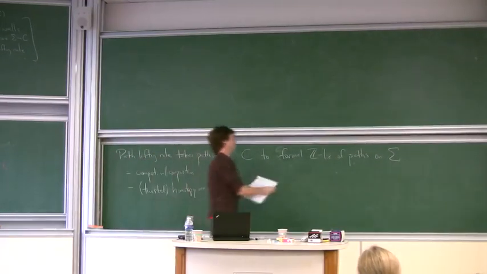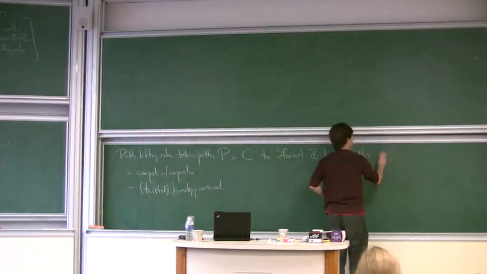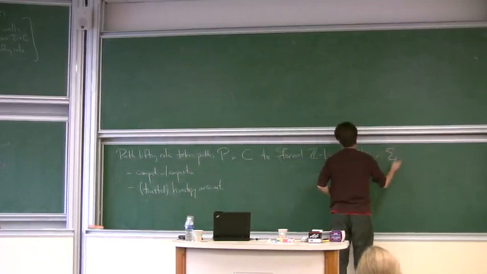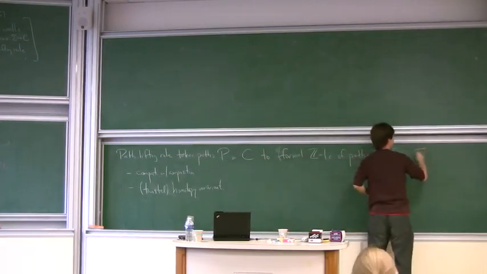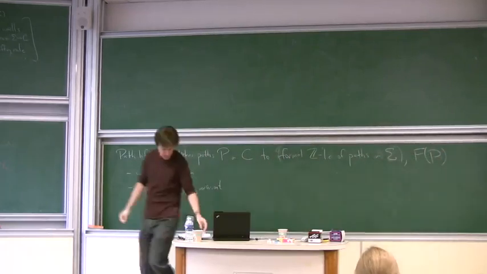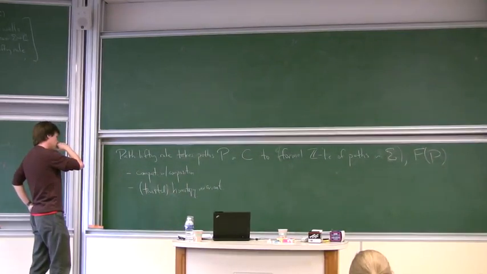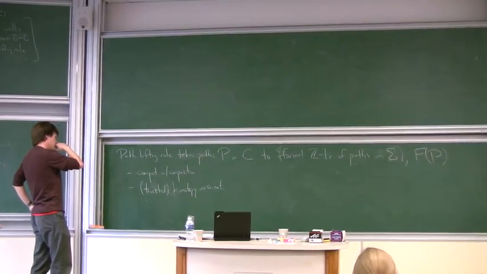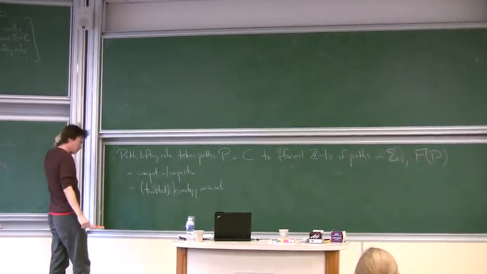So we called this formal Z-linear combination of paths on sigma, which depends on the path, F of P. So even the existence of such a rule is a little bit non-trivial.